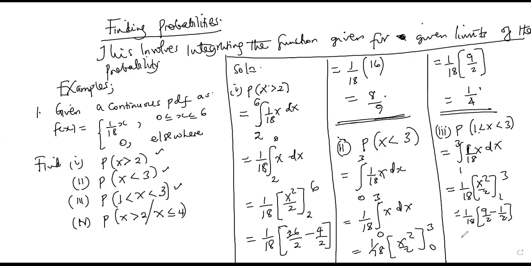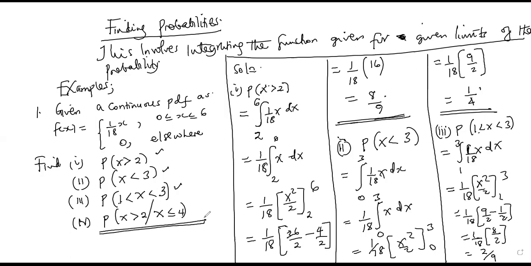So it will be 1 over 18 into 9 minus 1, that is 8 over 2, which is 4. So it was 4 over 18, which gives you 2 over 9 when you divide through by 2. So 2/9.